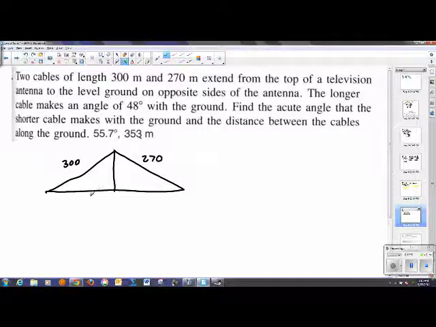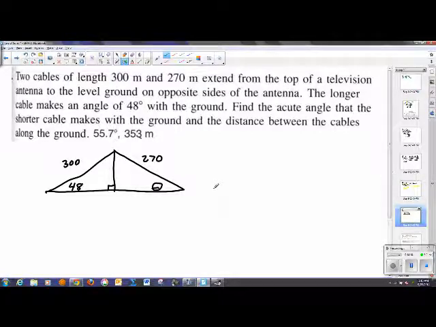It says the longer cable makes an angle of 48 degrees with the ground. Now we're going to assume that this antenna is straight up and down on the ground. And we want to find the acute angle that the shorter length makes with the ground. So I'm going to call that theta.